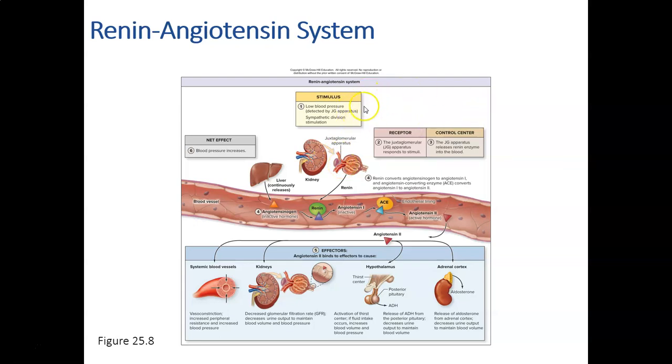So then let's see what triggers the granular cells to secrete renin. It tends to be low blood pressure. That's a trigger for the renin. It could also be stimulated by sympathetic innervation from the nervous system.